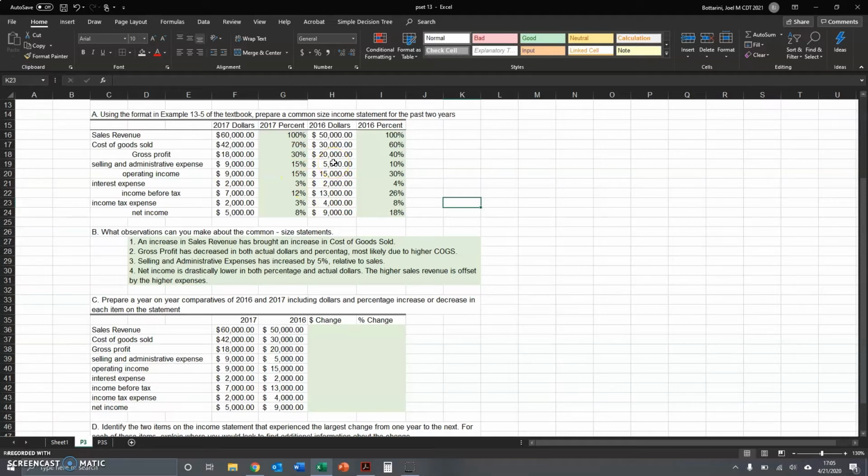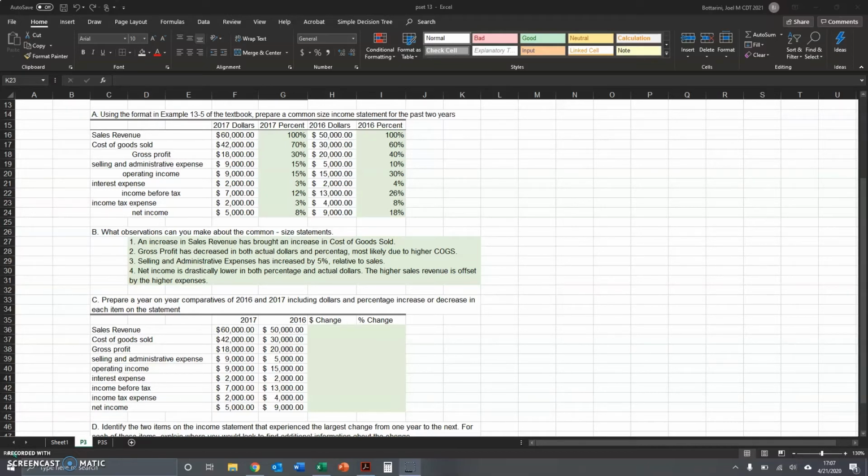Gross profit in the time span decreased in both actual dollars and percentage. It had a decrease of 10%, and this is most likely due to the higher cost of goods sold that we can see in year 2017. The selling and administrative expenses increased from year 2016 to 2017, and this increase of 5%, as you can see here, was a large increase because the total percentage in year 2016 was only 10%, so a 5% increase is massive.